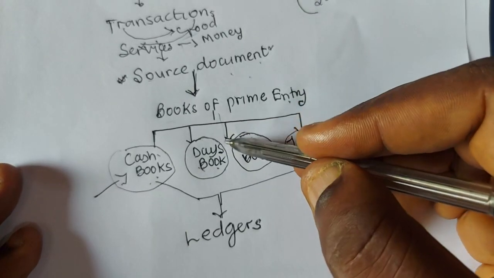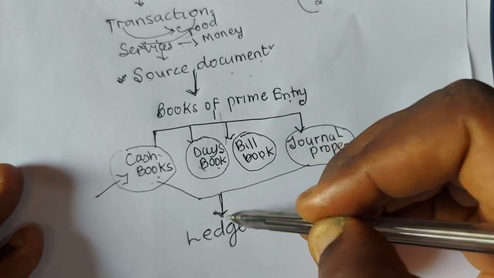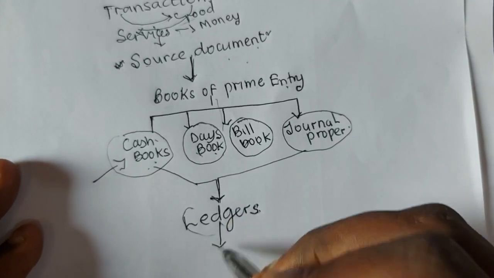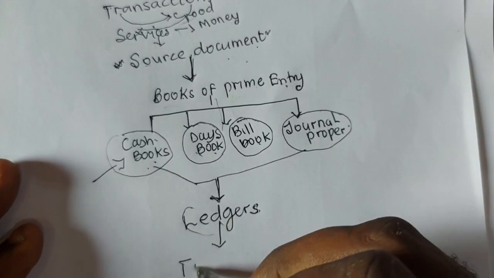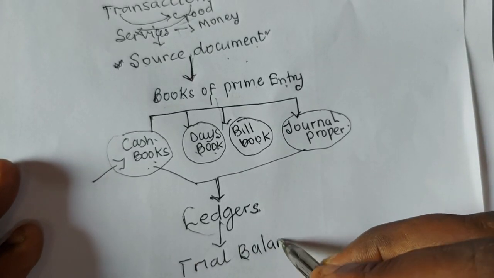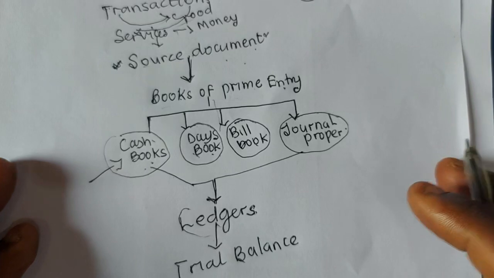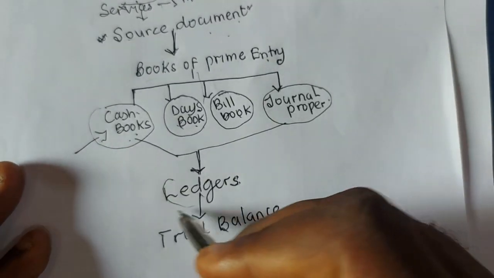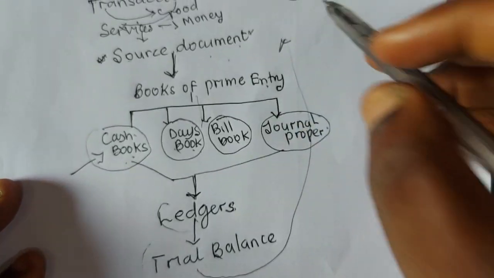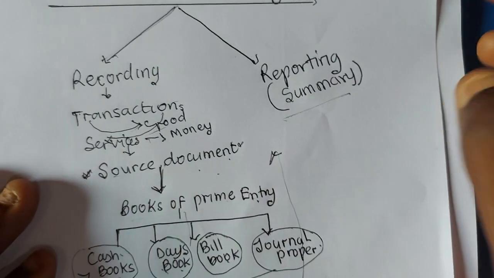From the books of original entry, we record into the ledgers. From your ledger, you now prepare a trial balance. From this trial balance, it will be a working paper for the summary aspects.